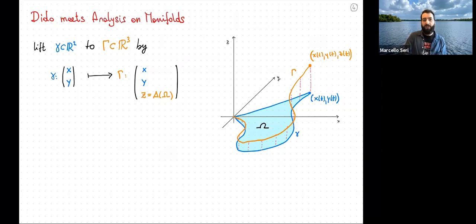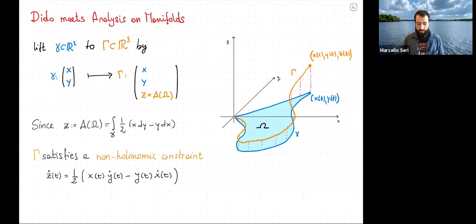And then we can think of lifting our curve from the plane to a curve in three-dimensional space in which the third coordinate keeps track of the area we are enclosing. And that's what is happening here. So we have a third coordinate z of t that keeps track of the area that is being enclosed. And now we start getting there. At least we can formalize the problem a bit better.